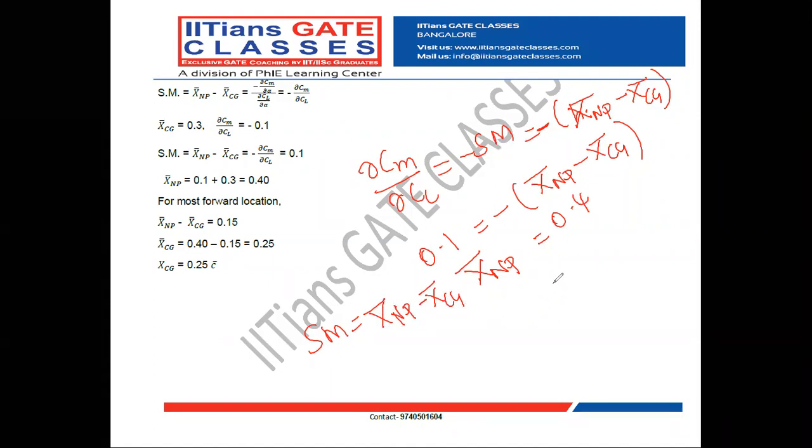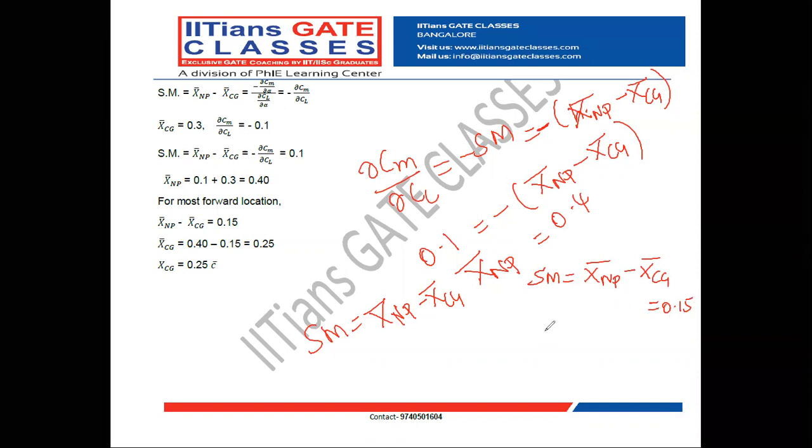Static margin is x_np bar minus x_cg bar, that is equal to 0.15, for 5% to 15%. So in order to have the most forward location for CG, it should be at 15%.